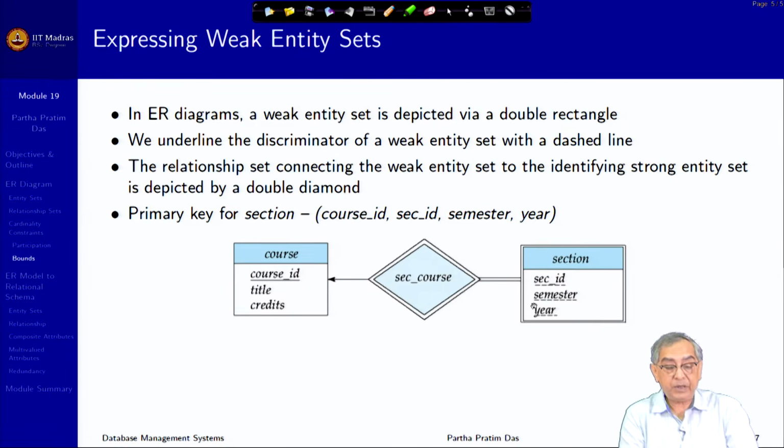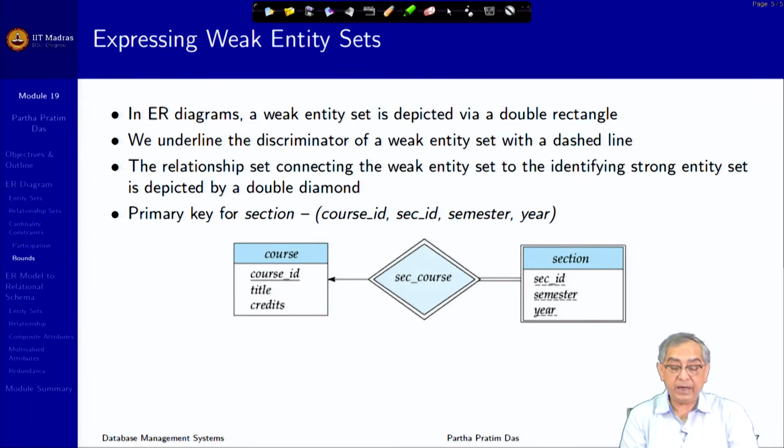If you have to represent a weak entity set, naturally what are the conditions? You need a relationship between the strong entity set and the weak entity set. First, the representation of a weak entity set is done by using a rectangle with a double line boundary.